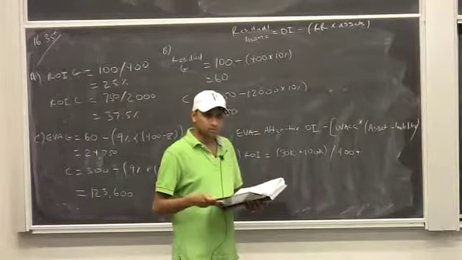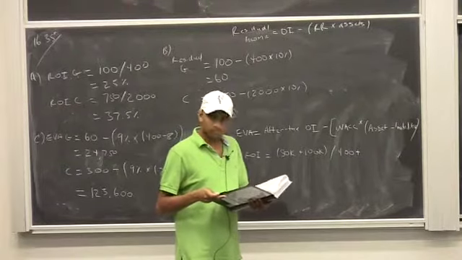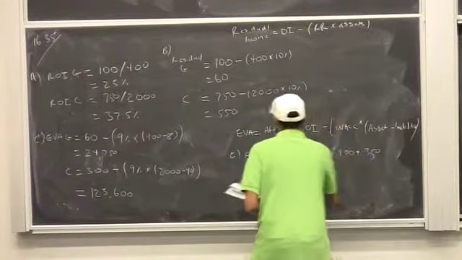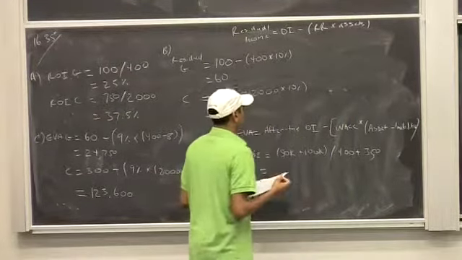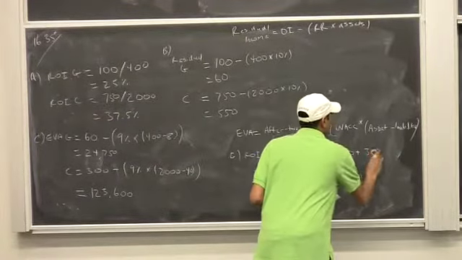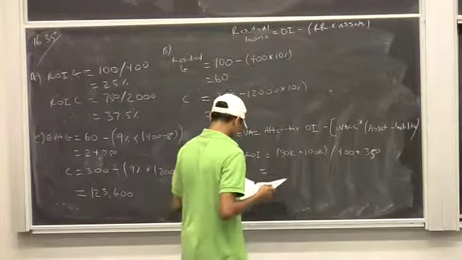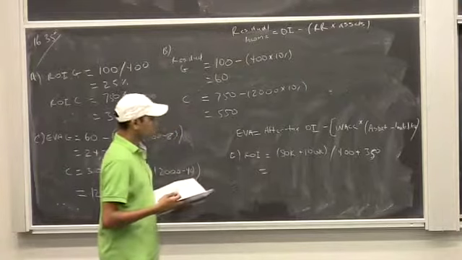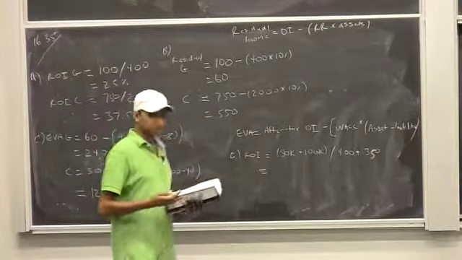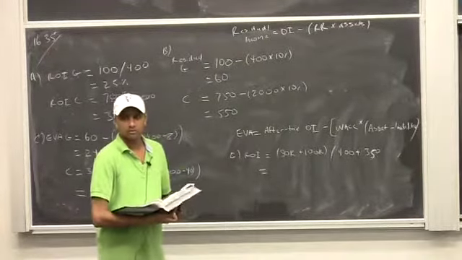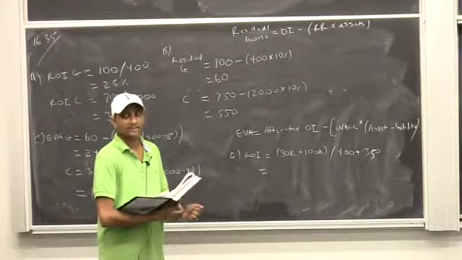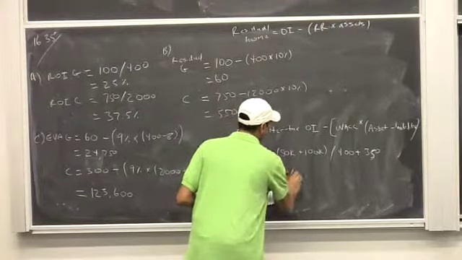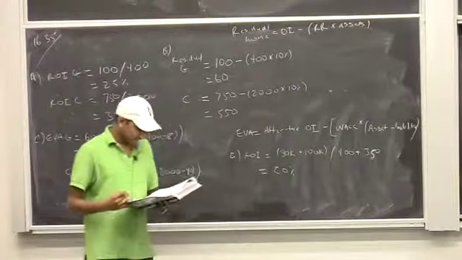What are we investing further? 350. So it's $150 over $750, which is 20%.